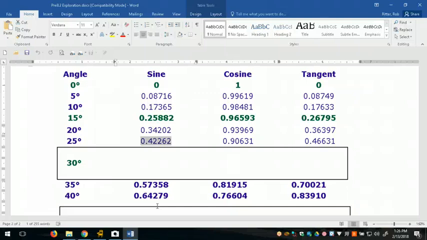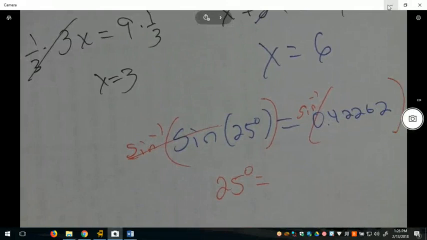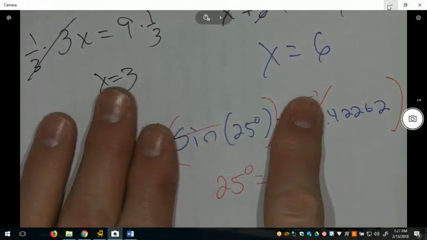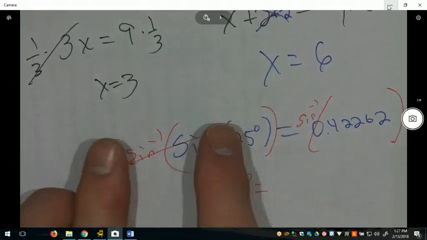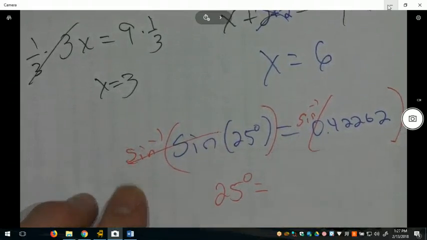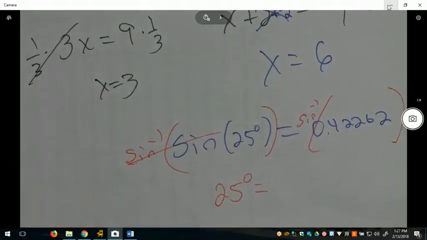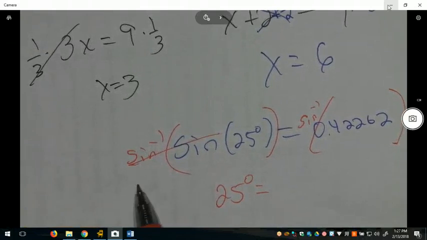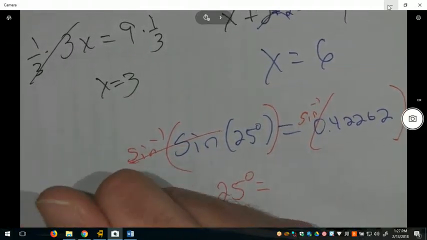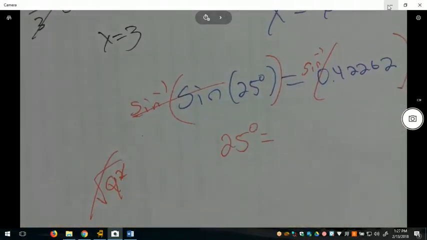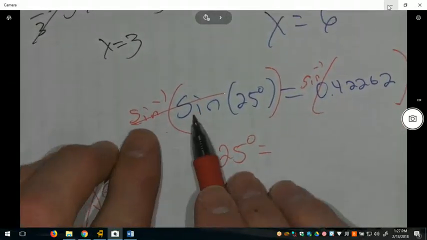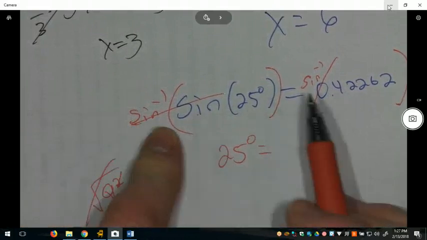If I do the inverse of sine, it will undo sine. This isn't the reciprocal value, this is the actual inverse function, just like squaring and square root. I had 9 squared, I take the square root, I get 9 back. Same idea, the inverse undoes the original function.